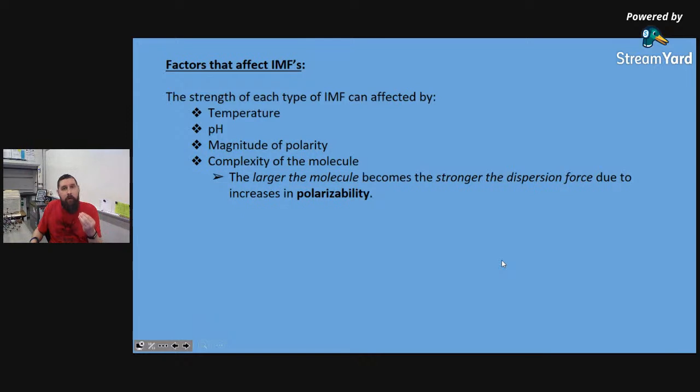Because the larger the molecule, the more complex it is, the more electrons you have. And the more electrons you have moving around, then when they all do clump, you've got a larger clump of electrons and therefore a larger LDF.